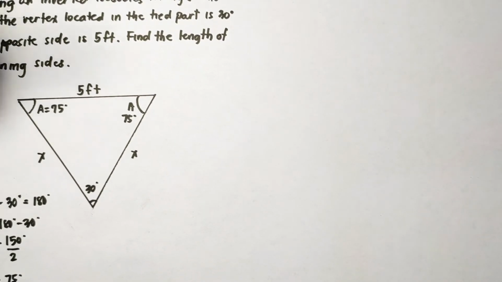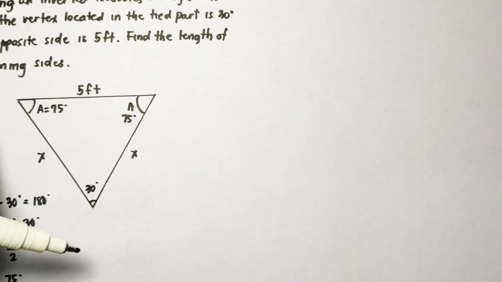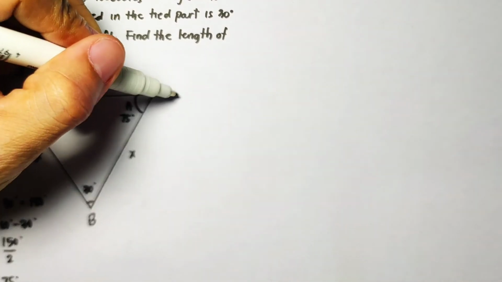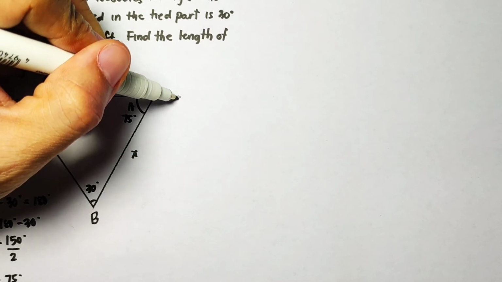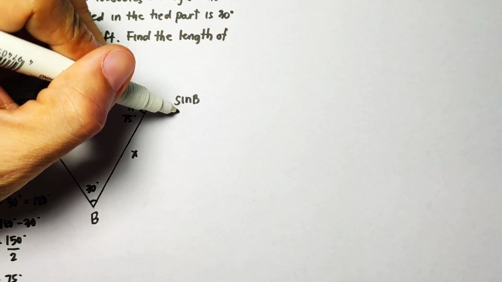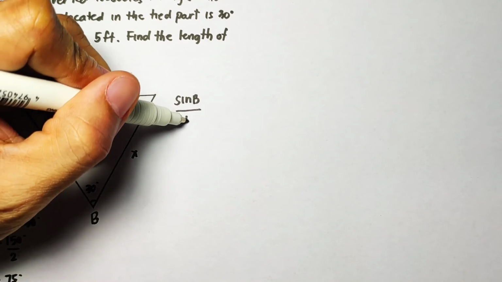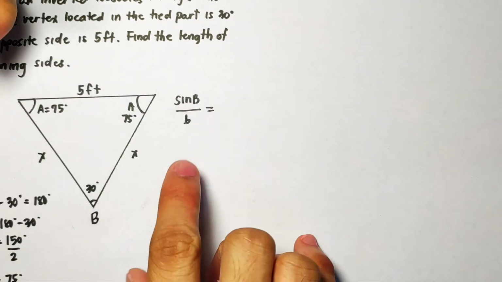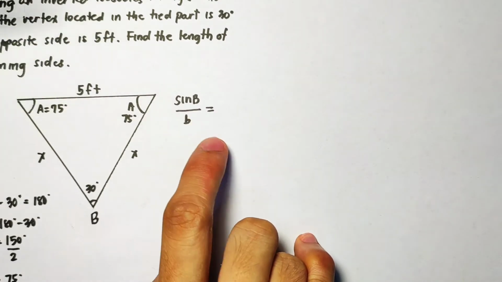So using the law of sines, let's say this is angle B. We have here sine B over the side B, which is 5. Let us write first the formula.